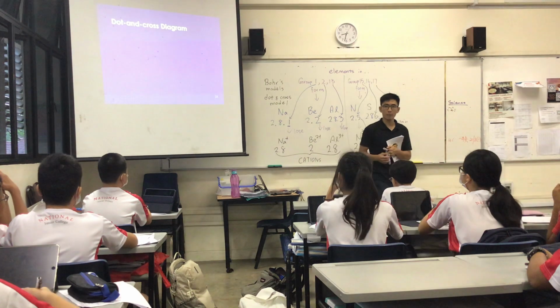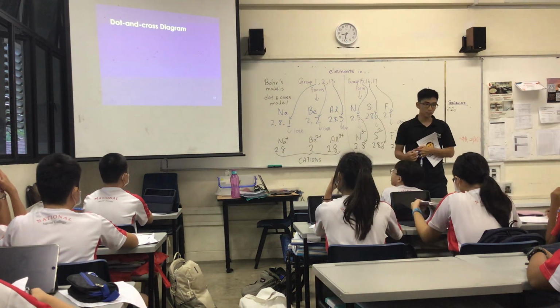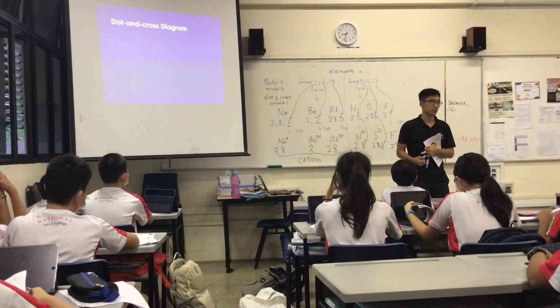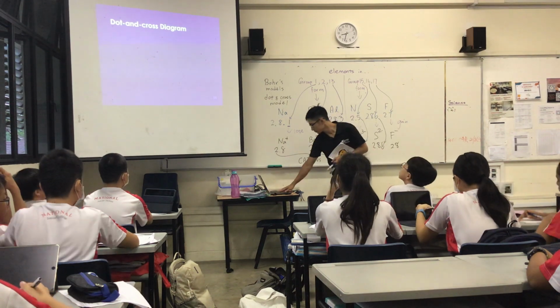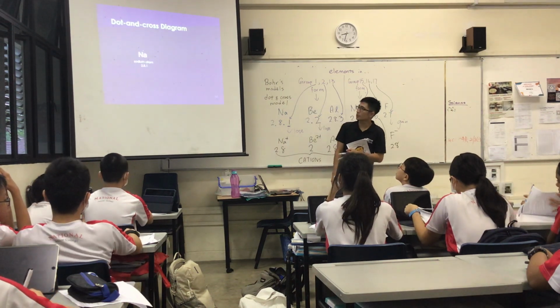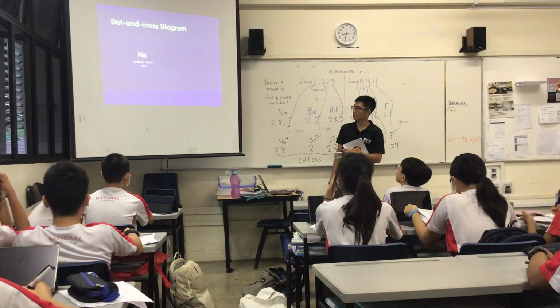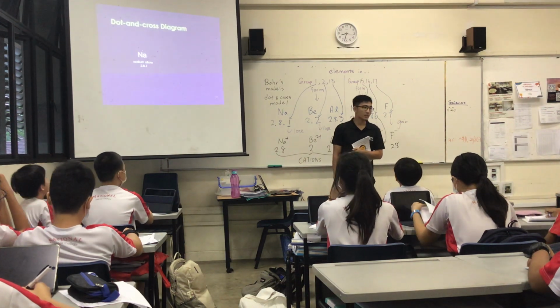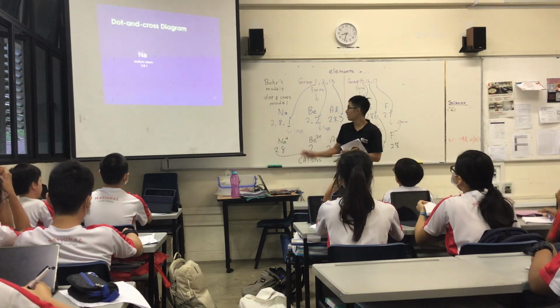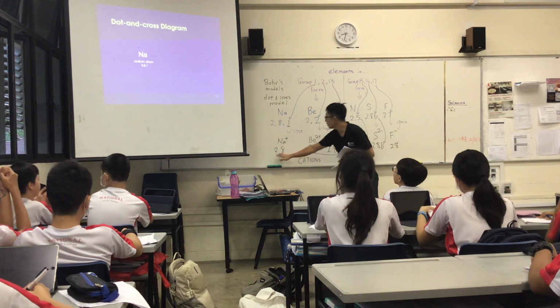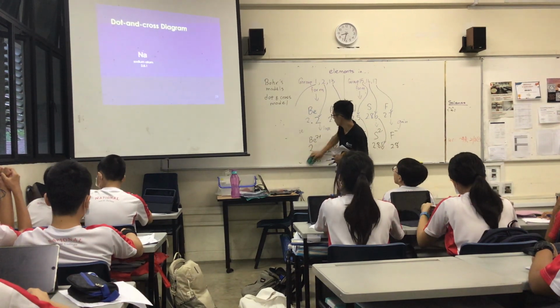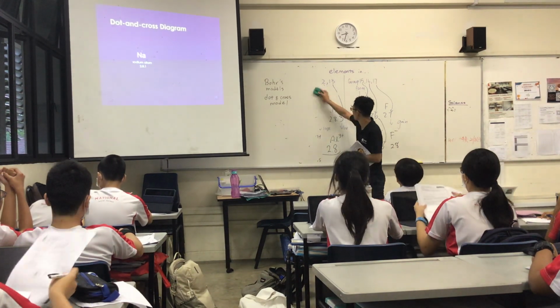Today I'm going to teach you how to represent these atoms in terms of dot and cross diagrams. Here's a sodium atom. This is another way to draw your diagrams. So for example, let me erase the whiteboard and we focus in on sodium.